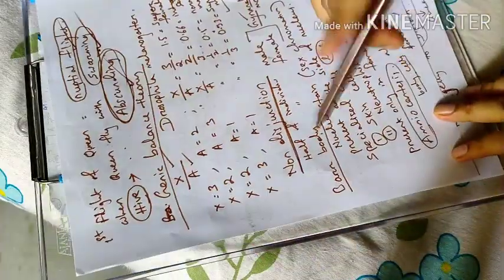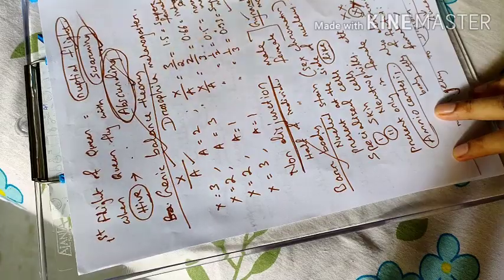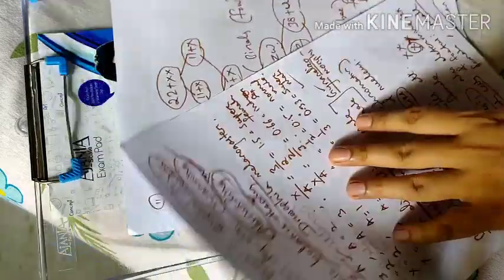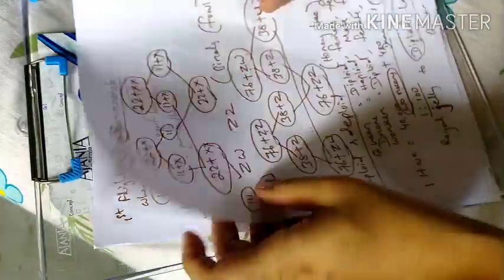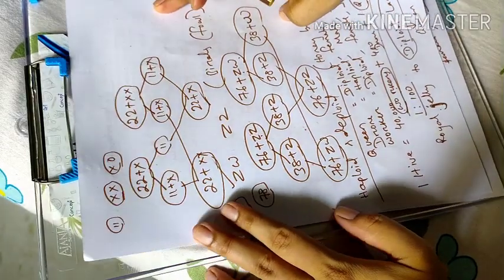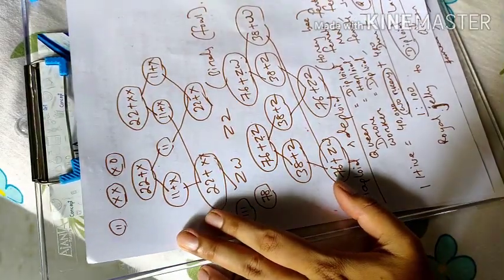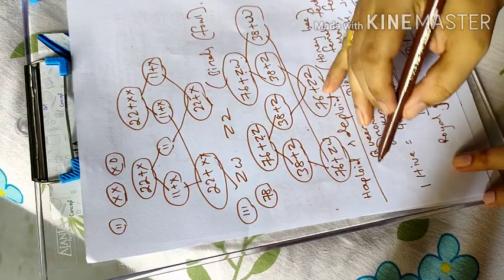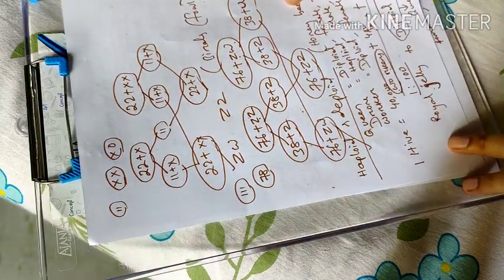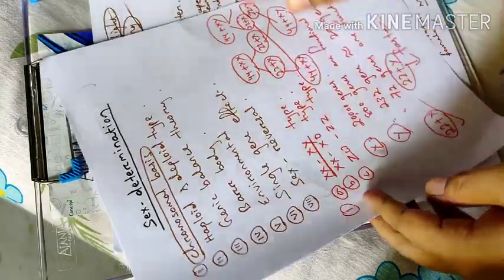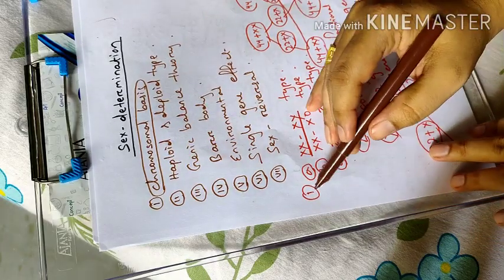Okay. Then Barr body, genic balance theory, haploid-diploid type of sex determination. Then chromosomal.